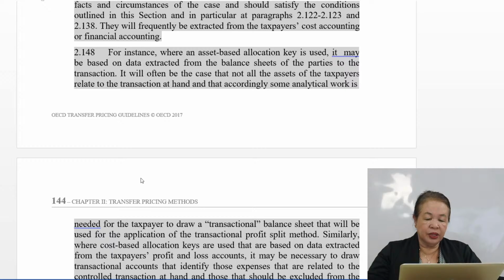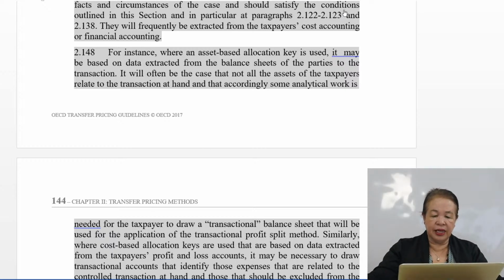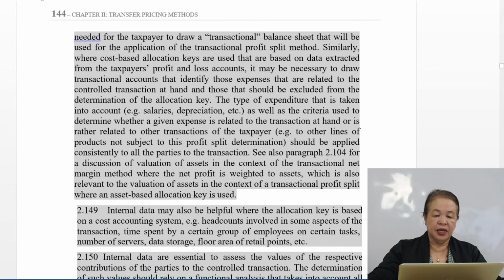So the type of expenditure that is taken into account, ito yung salaries, depreciation, ito yung operating expenses, as well as the criteria used to determine whether a given expense is related to the transaction at hand or is rather related to other transactions of the taxpayer, to other lines of products not subject to this profit split determination, should be applied consistently to all the parties to the transaction. Kasi there might be transaction na hindi naman dapat kasali.